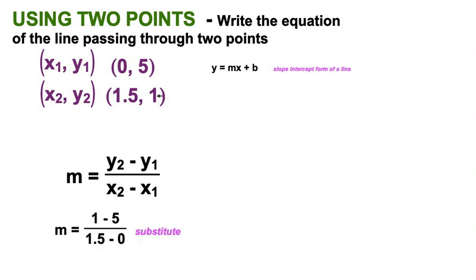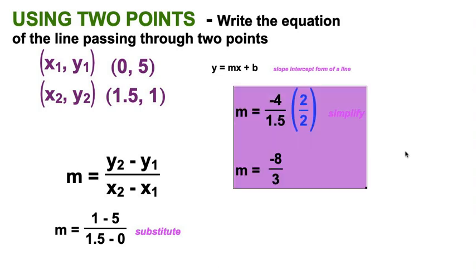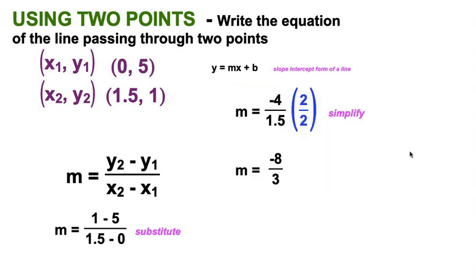So let's substitute 1 minus 5 over 1.5 minus 0. One minus 5 is -4, over 1.5.